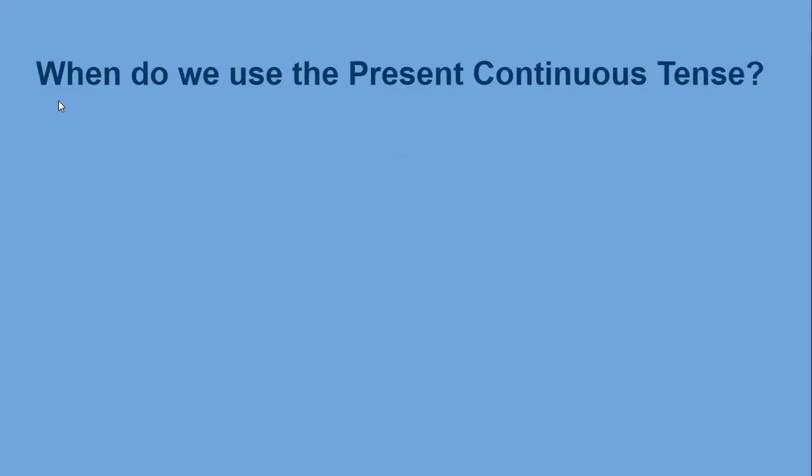So, the first question that we need to answer before we move any further is, when do we use the present continuous tense? In what situations do we use the present continuous tense? Okay?